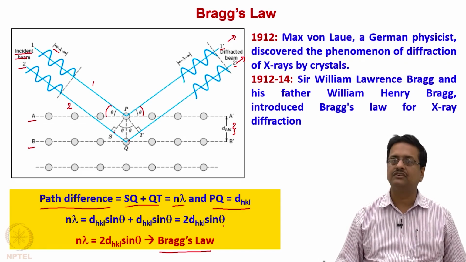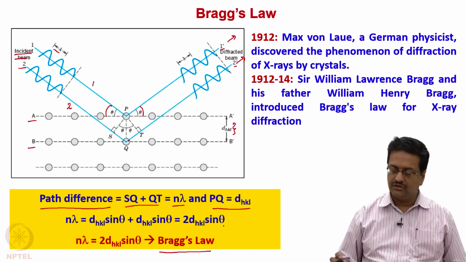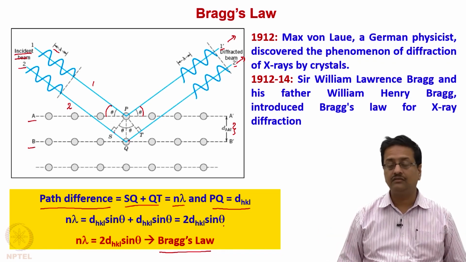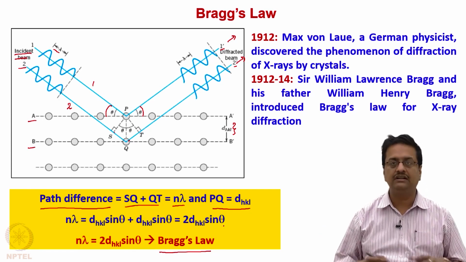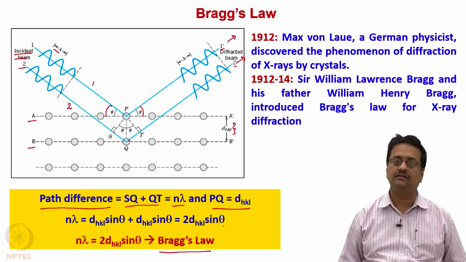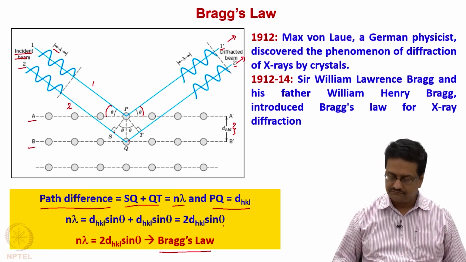And this is the famous Bragg's law, and it is so simple but so important in X-ray diffraction. About 100 years ago this particular law was proposed by Bragg, and it opened up a new area of X-ray crystallography since then.